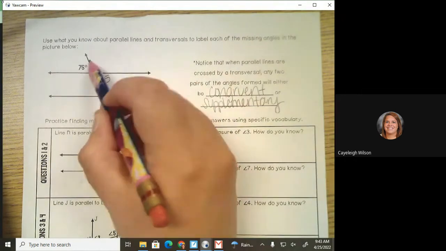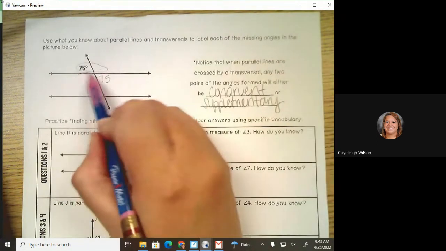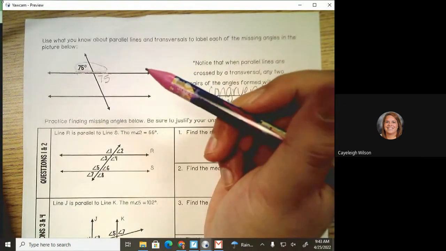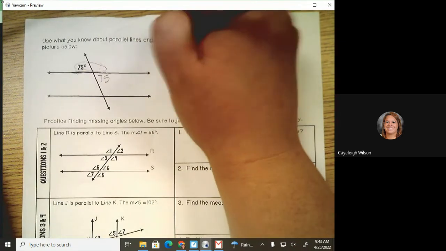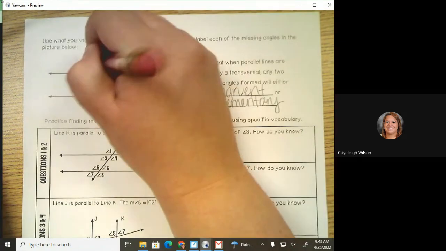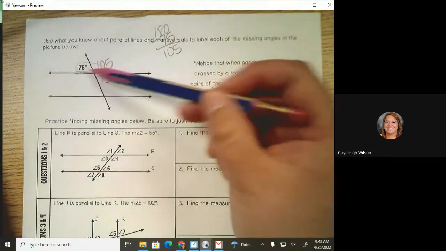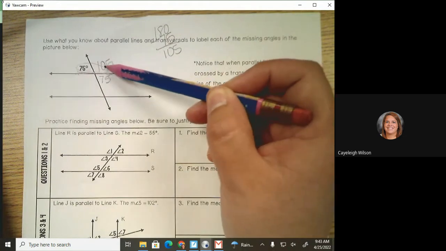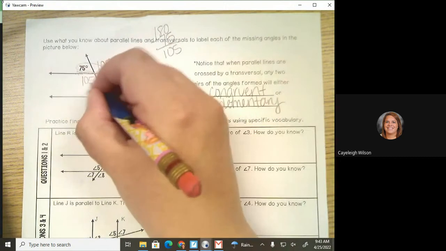So these 2 angles right here are on a straight line because they're on this same line, which makes them 180. So 180 minus 75 is 105. Because if they're on a straight line, they should add to 180. And then look, if this is 105, this is its vertical angle. So this is 105.